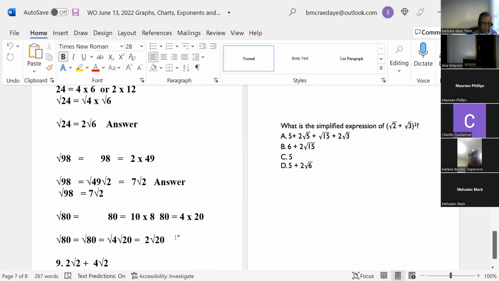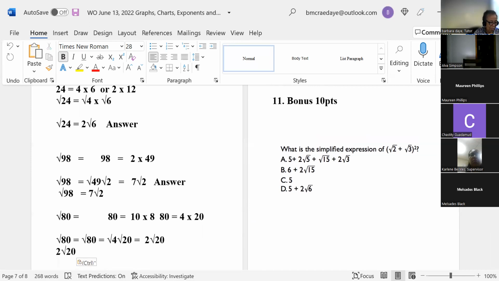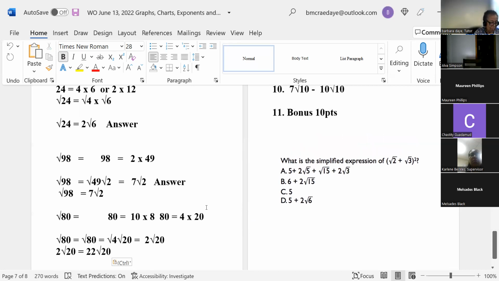Okay, so let's copy our 2 times the square root of 20 here. And the square root of 20, you said 4 and 5, right? So I have 2, and let's take the 2 out here, and let's put the 4.